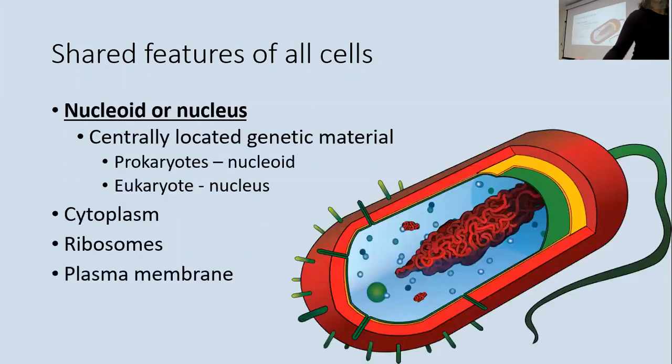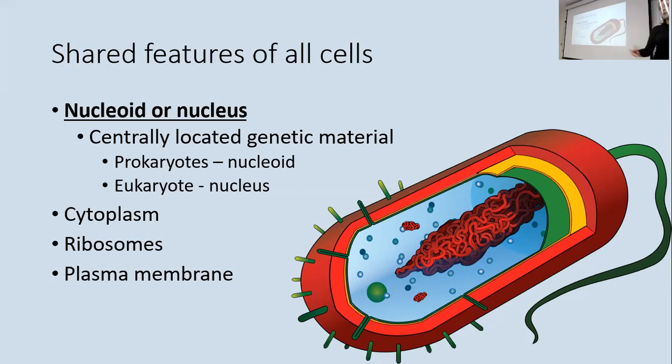The nucleoid or nucleus is just your centrally located genetic material. This is like a cartoon of a bacterial cell. In a prokaryote, which lacks membrane-bound organelles, it's a nucleoid. So there's no membrane encasing the DNA. It's just all balled up together in the center.